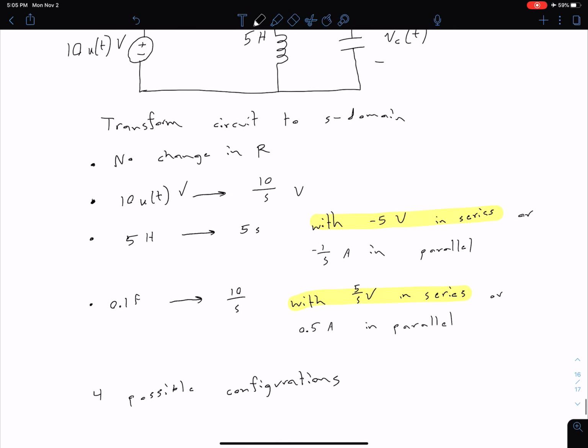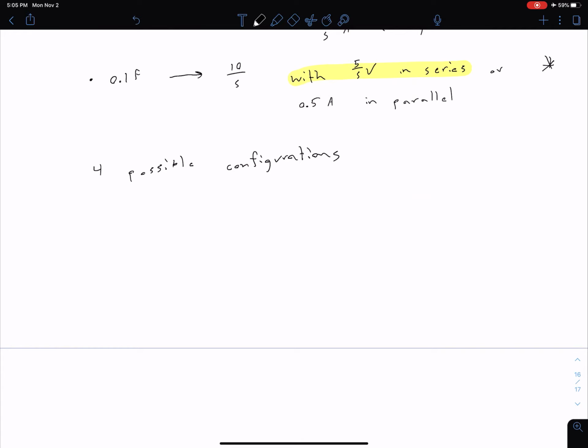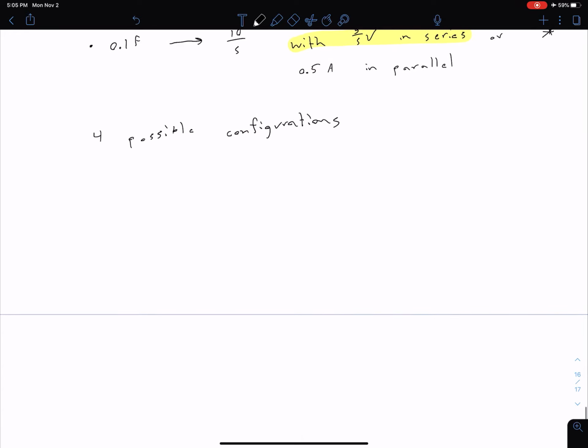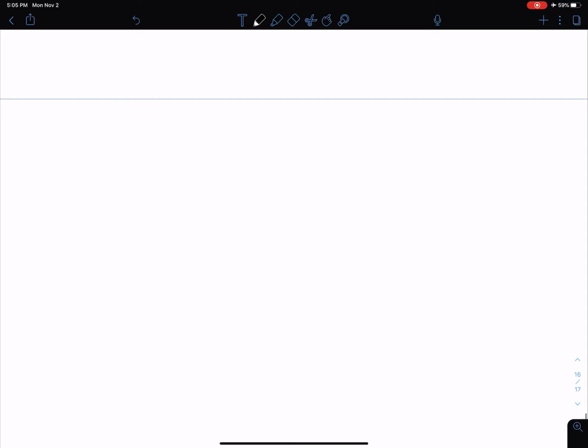As always, when we're inserting either these voltage or current sources, we want to be careful about the polarities of our voltages and the current directions for our current sources. Okay, so let's choose those highlighted options, with the idea that we're going to do mesh current. Our voltage source is going to be 10/s. Our resistor has no change, so it's going to be 10/3 ohms.